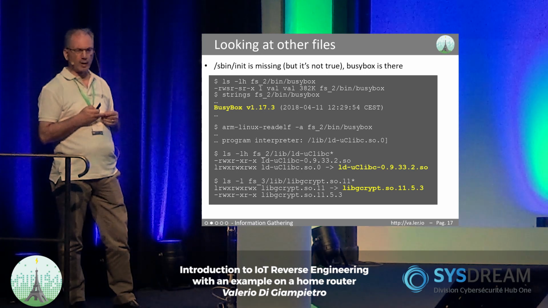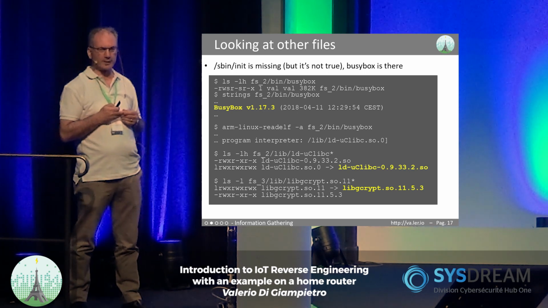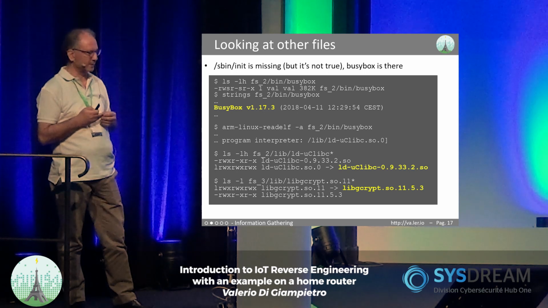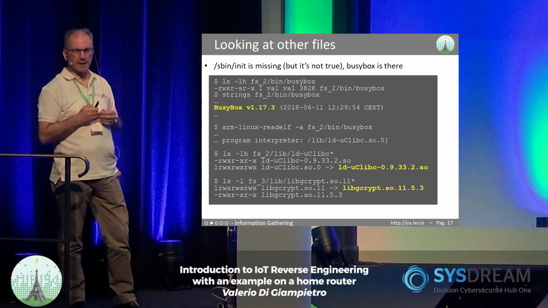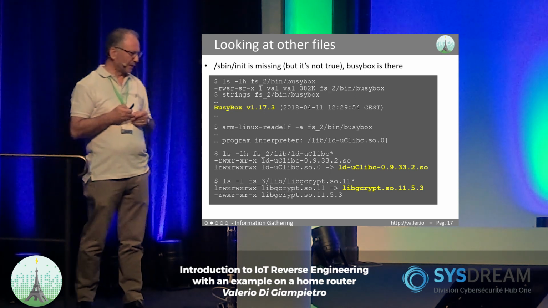BusyBox is quite popular in embedded devices because in a single binary, it implements a lot of different functionalities like the init process, the bash interpreter, ls, grep, and many other utilities.